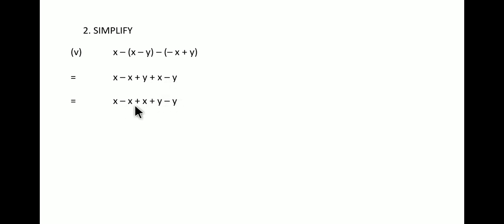Now when you arrange them in like terms, this x and this x cancels because plus 1x and minus 1x cancels, you'll get 0, so you are left out with x only, and plus y and minus y also cancels, so there is 0, so you are left out with only 1x. So the answer is simply 1x or x as the answer.